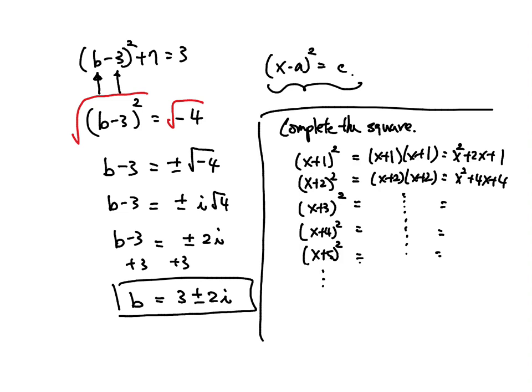If you FOIL all these, this is going to be x squared plus 6x plus 9. X squared plus 8x plus 16. X squared plus 10x plus 25. And so on.